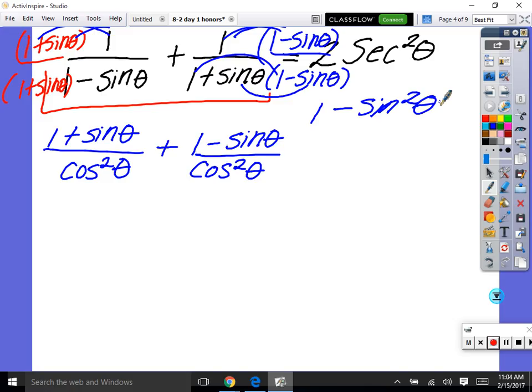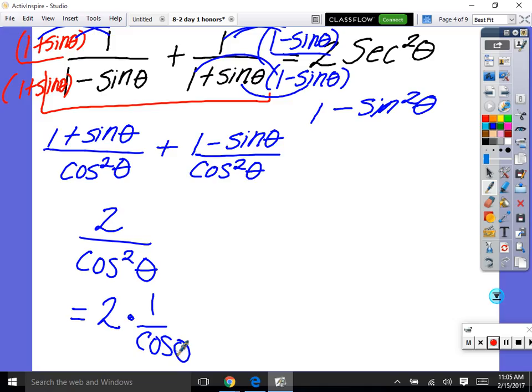So now what can I do? Combine them. So we have what on top? Quickly, guys. These should be quick. 2. What's on bottom? Cosine squared theta, which is 2 times 1 over cosine theta, right? Which is 2 secant squared theta. Did I end up where I was supposed to end up?